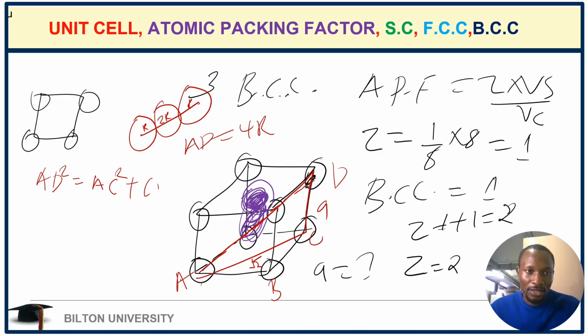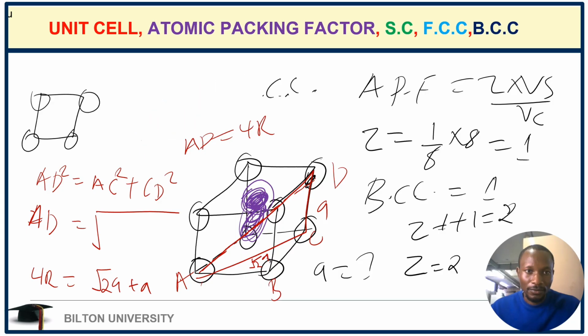So we can say AD squared is equal to AC squared plus CD squared, and AD is equal to 4R, and AC we have found to be root 2A, plus CD is equal to A. And this is going to give us 4R is equal to root 3A.